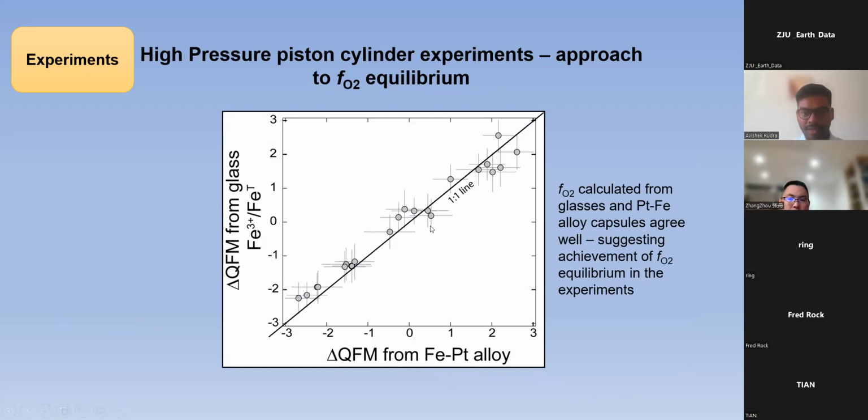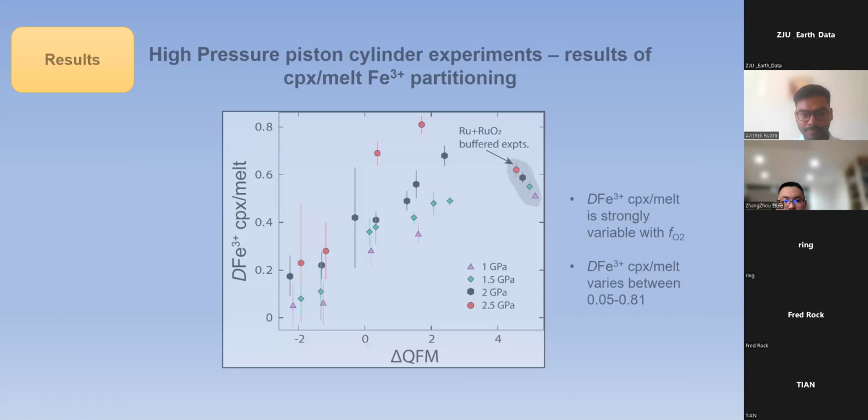And these two independent ways of calculating oxidation efficacy correlate very well with each other. So we know our experiments reached fO2 equilibrium. The capsule, the silicate melt, and the CPX or OPX crystals all reached fO2 equilibrium with each other. So that's a sanity check for our experiments.